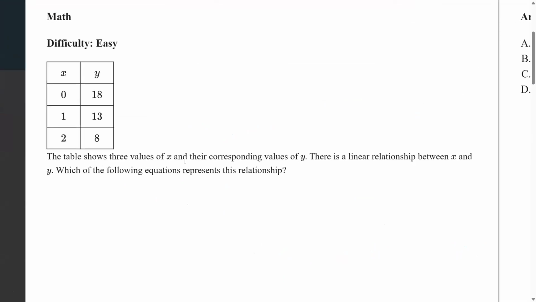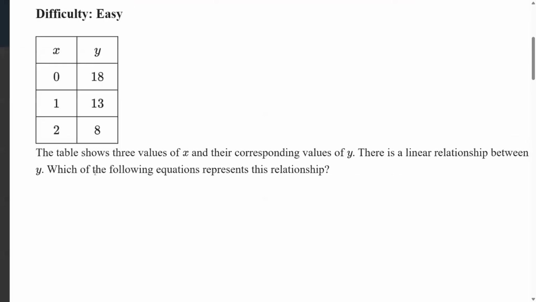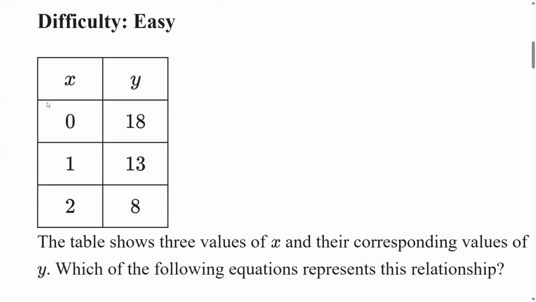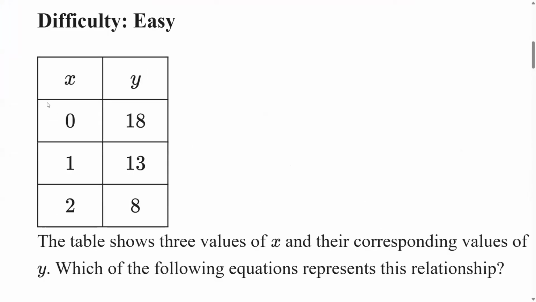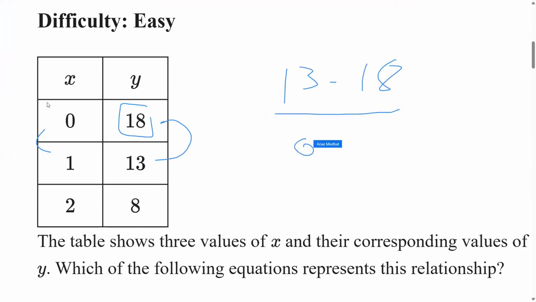The table shows 3 values of x and their corresponding values of y. There is a relationship between x and y, and it wants the equation. Let's find the equation. We'll get the slope, this minus this over this minus this, and we already have the y-intercept, the value of y when x is equal to 0. Let's do this. 13 minus 18 over 0 minus 1.